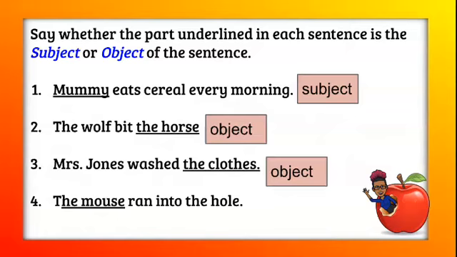And the mouse would be our subject, the one that is performing the action, the mouse ran. So here we have our answers. Mommy, subject, the horse, object, the clothes being also object, and the mouse, subject.